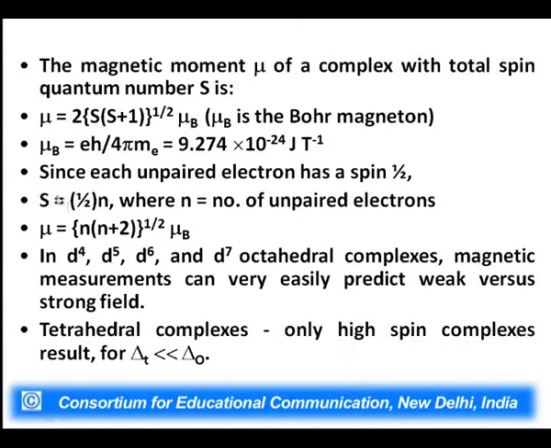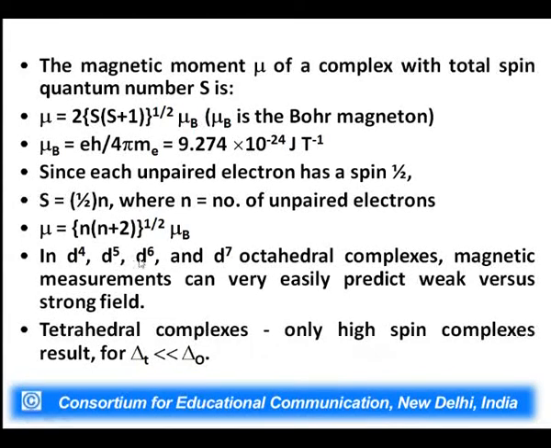Now you know the value of S, you substitute it in the formula so as to calculate, and when we do so, we get 1.73 for 1 unpaired electron, and for 5 it is somewhere around 5.94. We will see from the table. Now, instead of putting the value of S, one can use this formula, knowing the number of unpaired electrons, so as to calculate the magnetic moment value in terms of Bohr magneton for various systems.